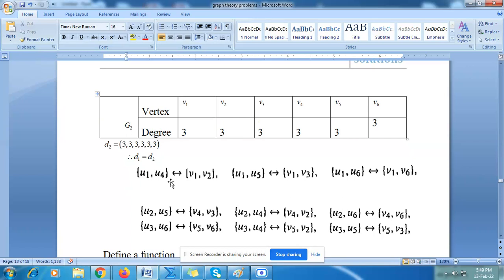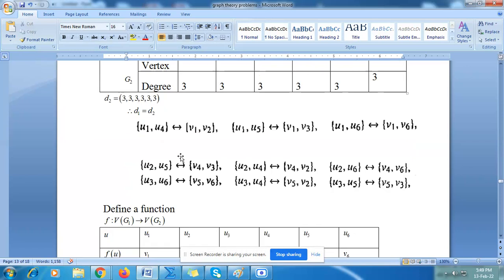Now check the edge correspondence between the edges.